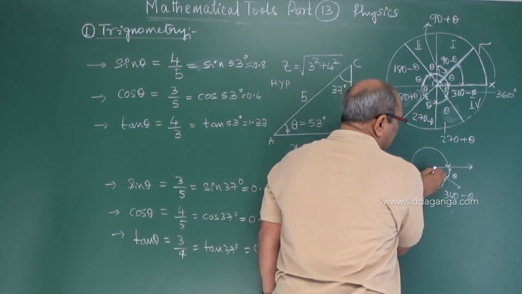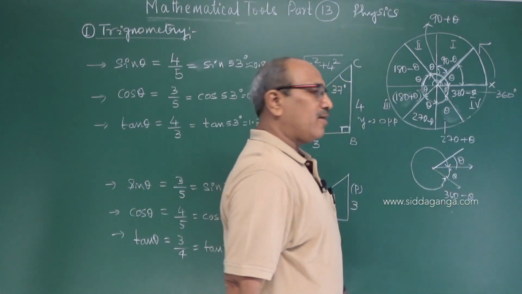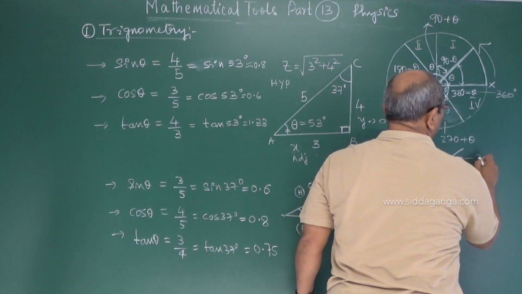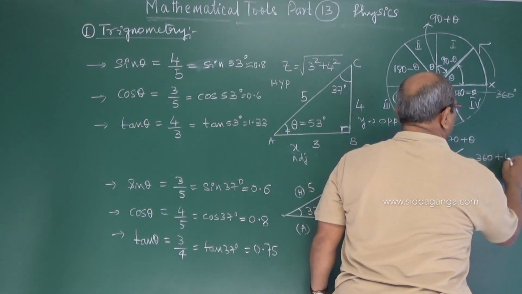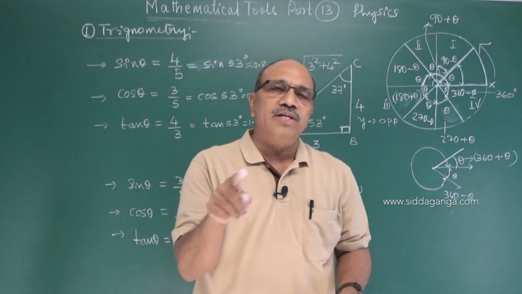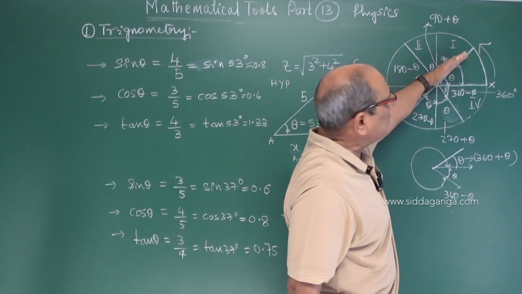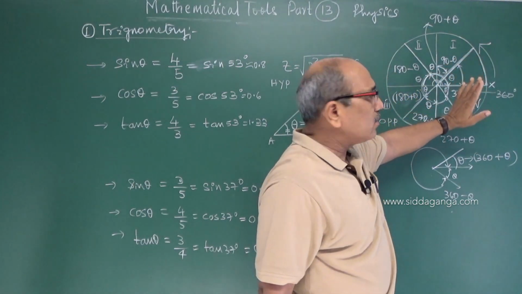Or if it is increased, again theta, for example, I can write that one complete round is over. It is better to write it as 360 plus theta also. So one cycle is completed, and it again repeats to the same value theta. Instead of theta, I can write this also as 360 plus theta. No problem.